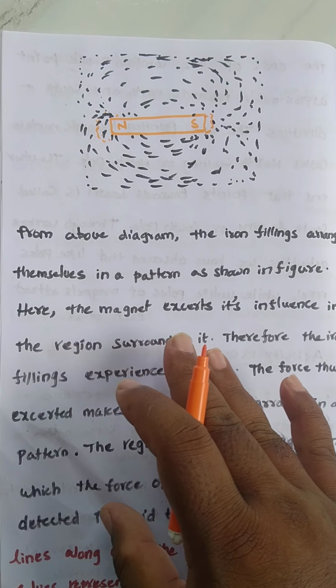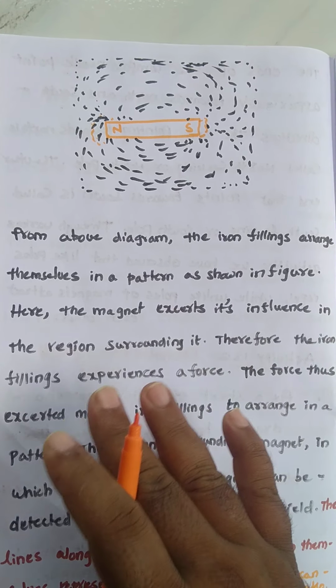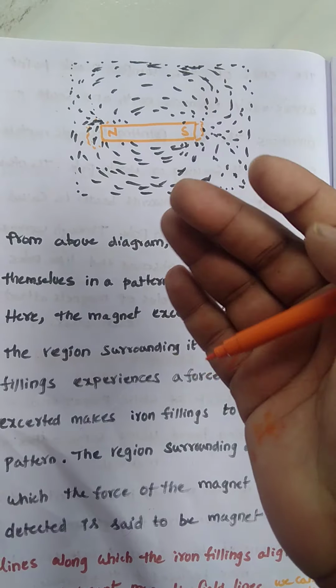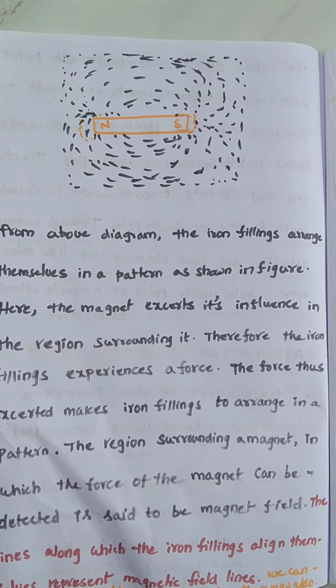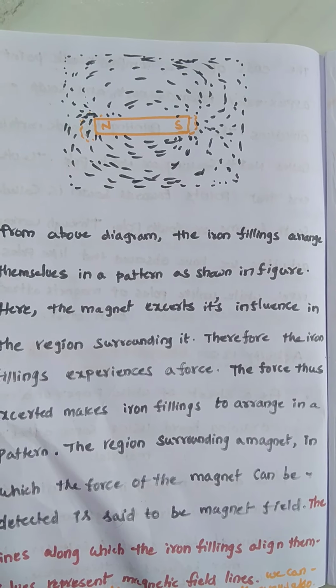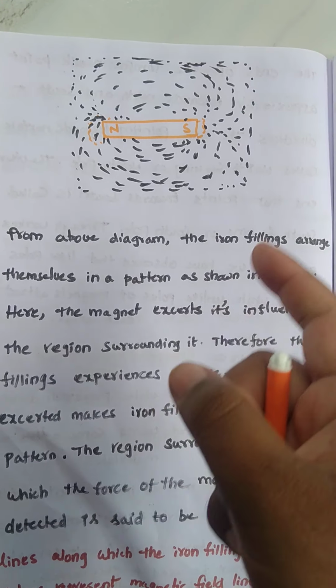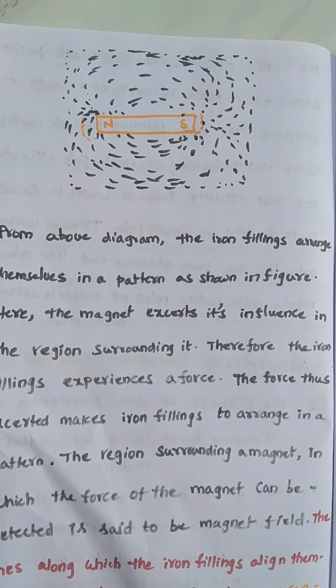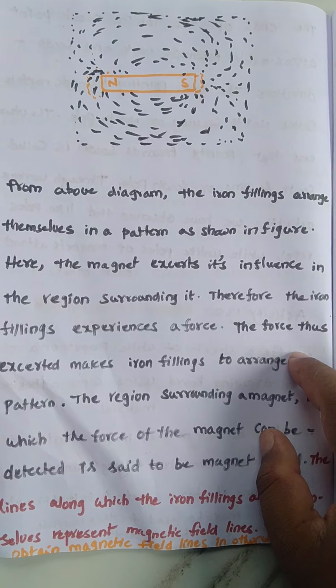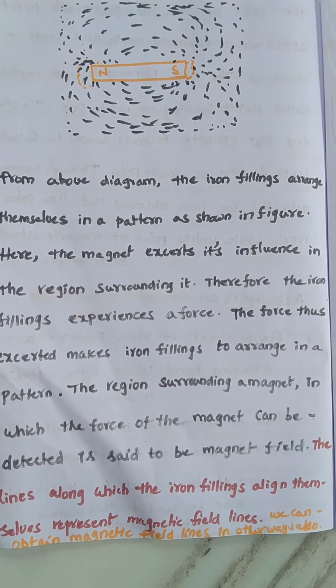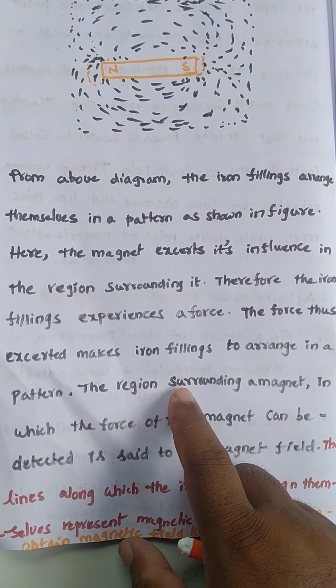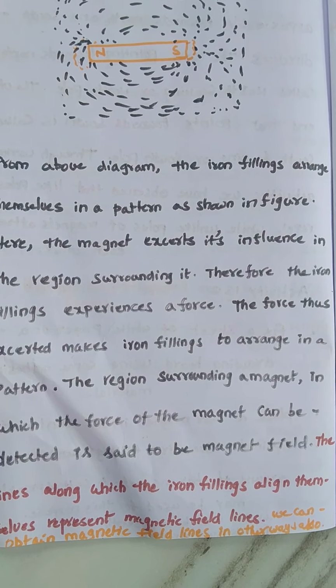So the magnet exerts its influence in the region surrounding it, right? Whenever you pour iron filings over this magnet, it exerts some influence around the region surrounding it. Therefore the iron filings experience a force, and the force thus exerted makes the iron filings arrange in a pattern.